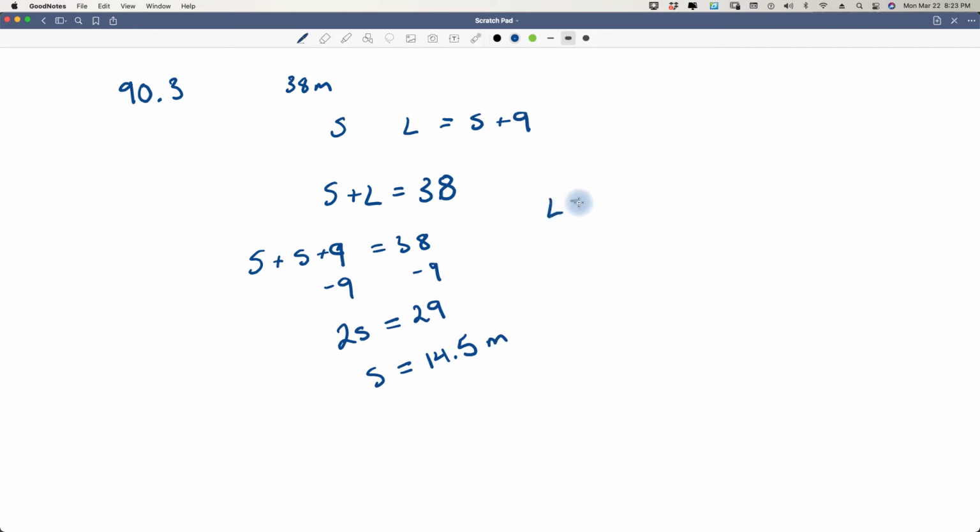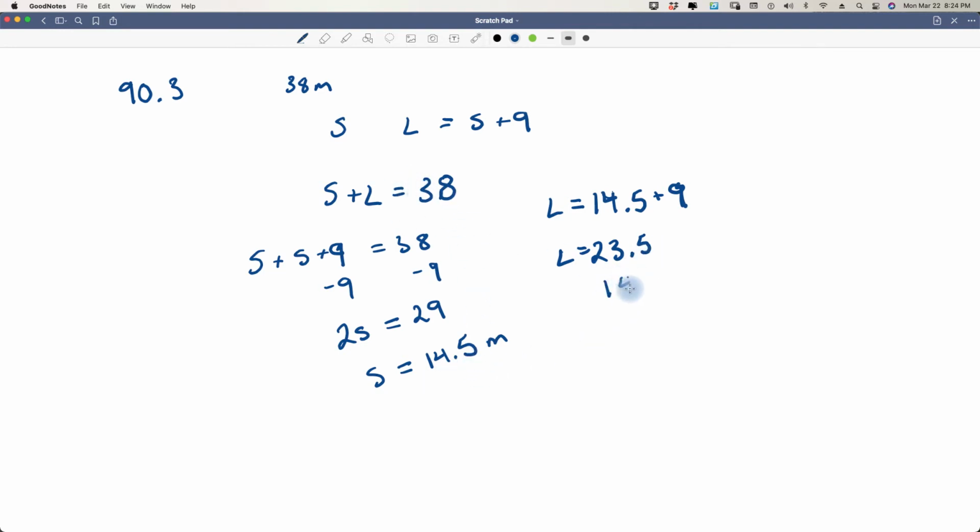So the long piece is going to equal 14.5 plus 9. So that's going to be 23.5. Now the question is, does 23.5 and 14.5 equal 38?